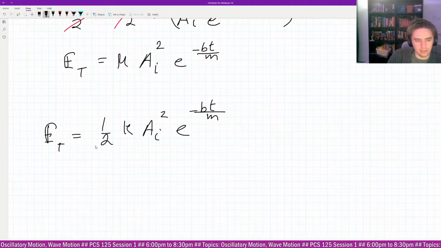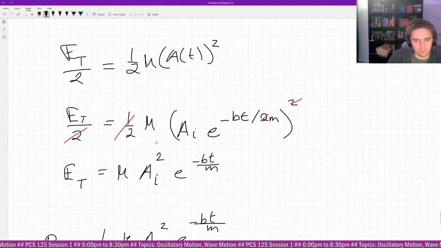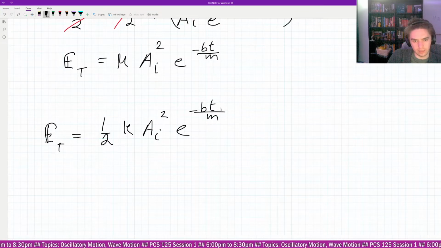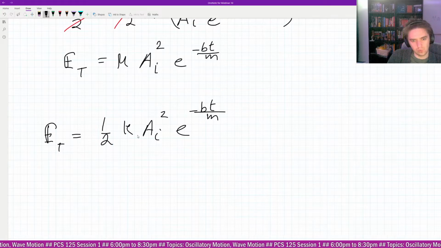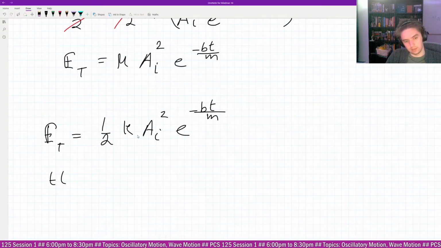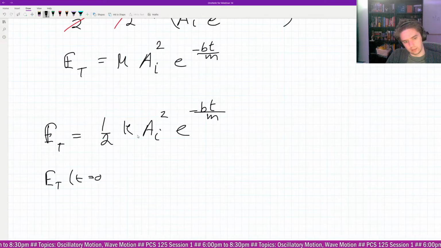So if at t equals 0, that's the total energy. Right? At t equals 0, that's E of t at t equals 0.